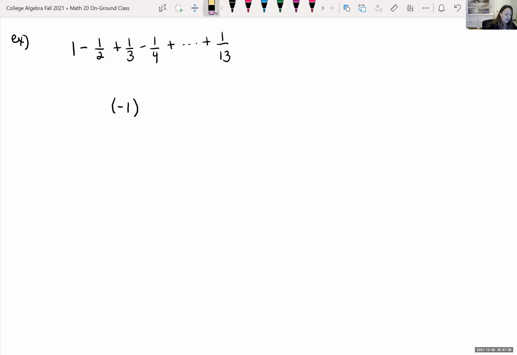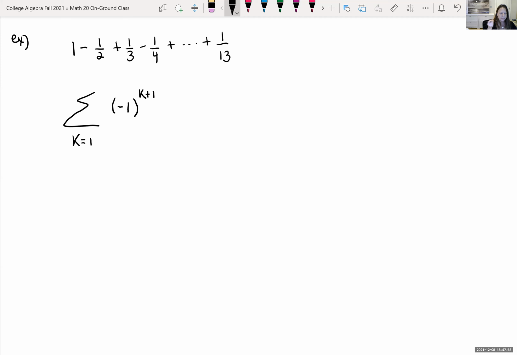Actually, we're going to put k here, because that's the variable they use for summation. But we want the first term to be positive. And so I can't just have negative 1 to the k power, because that would be negative. So I could just add 1 to that exponent, and that would make that first term positive.